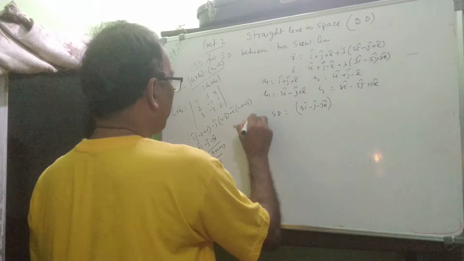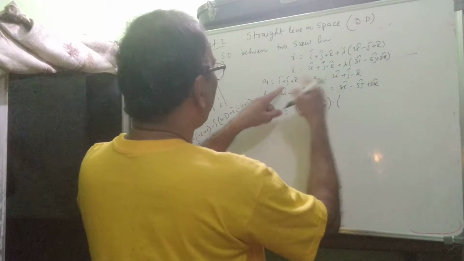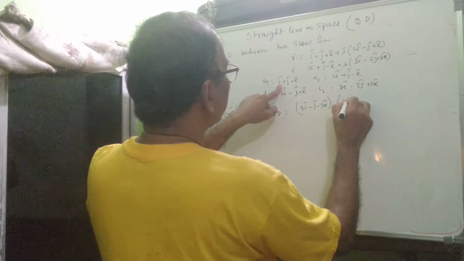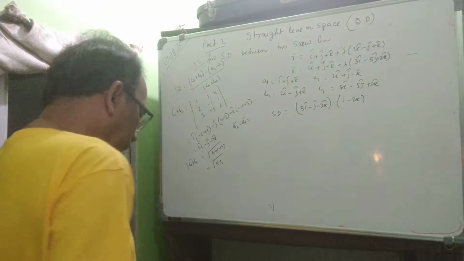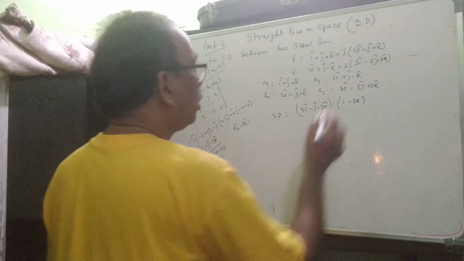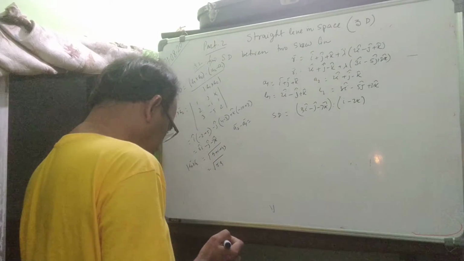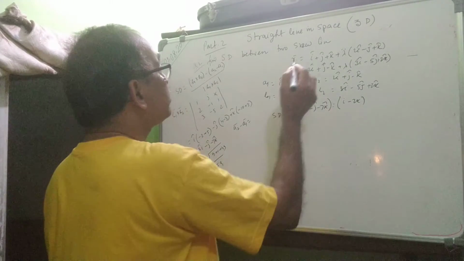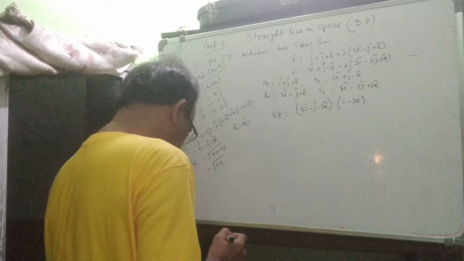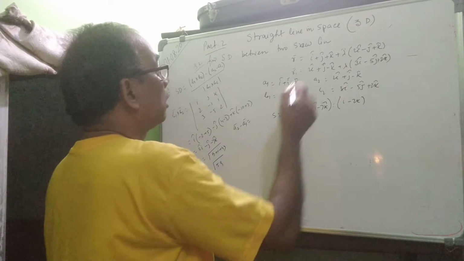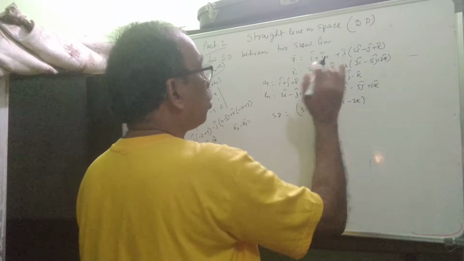A2 minus A1 is i - 2k, since A1 is i + j, with no k component.